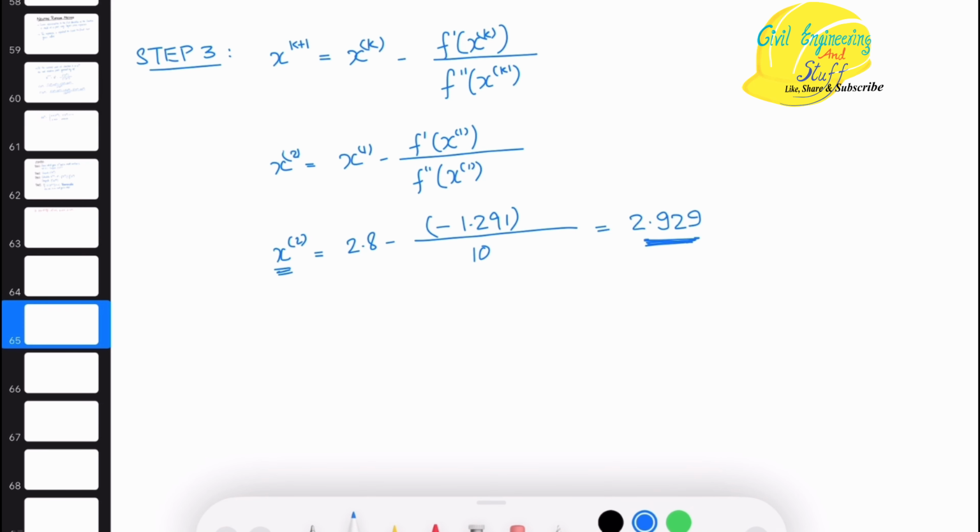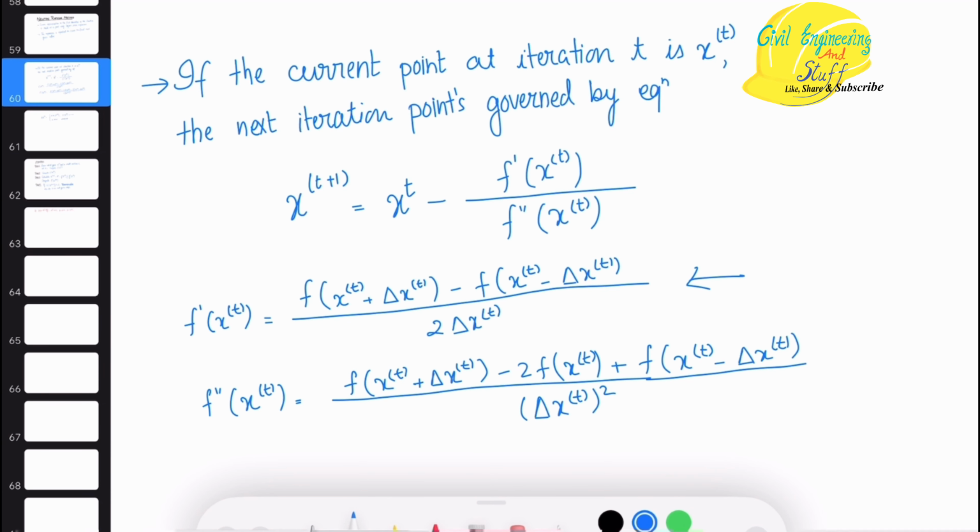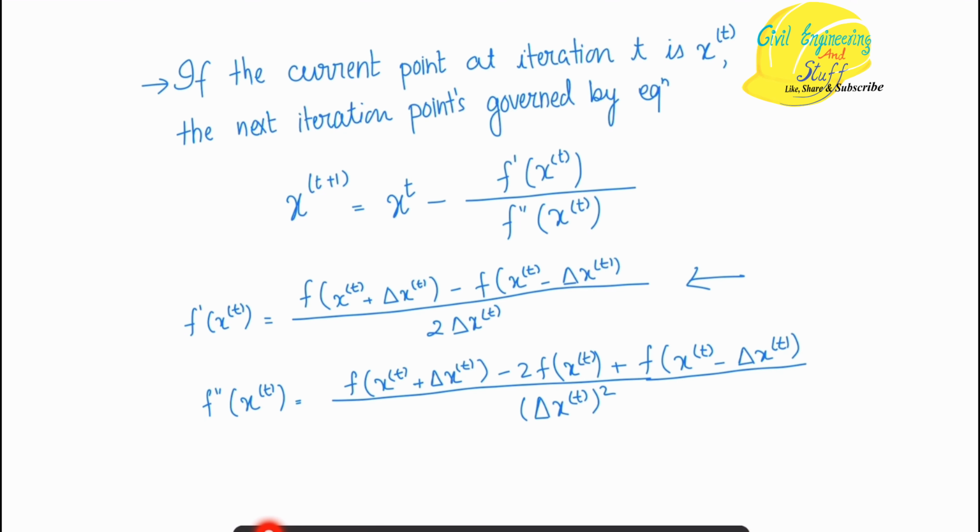Let's find the first derivative of this point. F dash x2 will be equal to, what was the formula? We have to find f of the point plus the step, minus f of the point minus the step, divided by 2 into delta x.